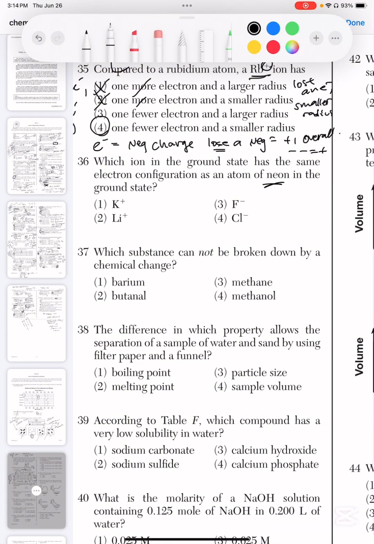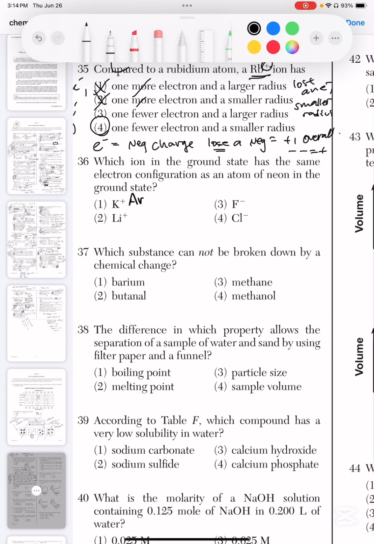Let's try that again. 36 asks about a similar concept, which would have the same configuration. So K minus 1, this is Ar.